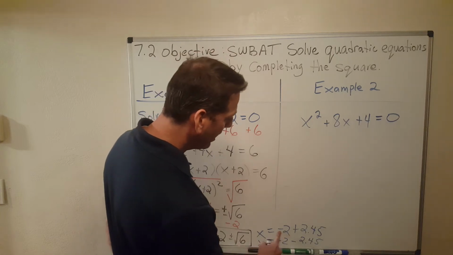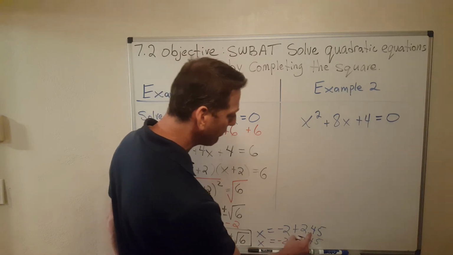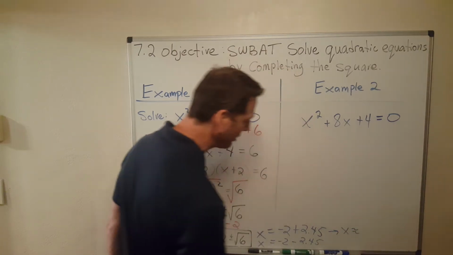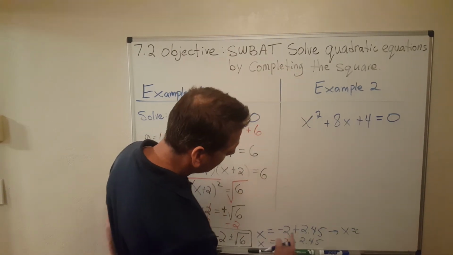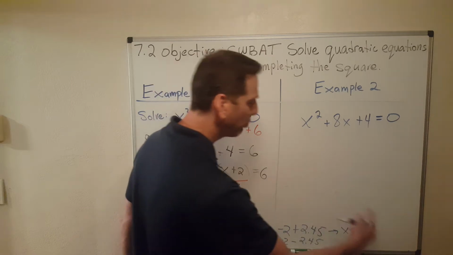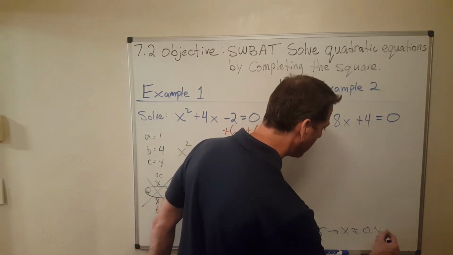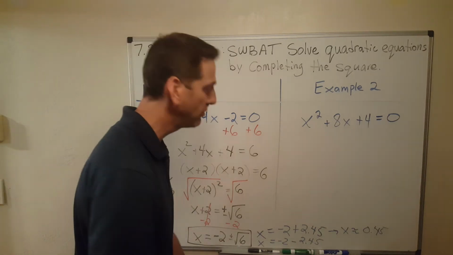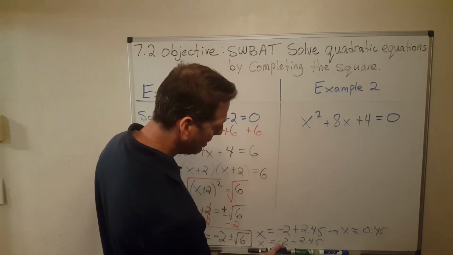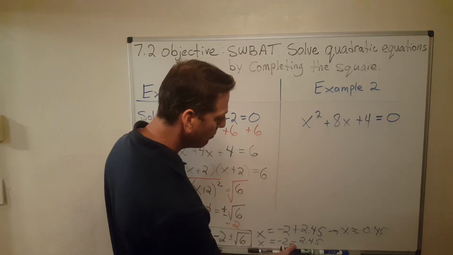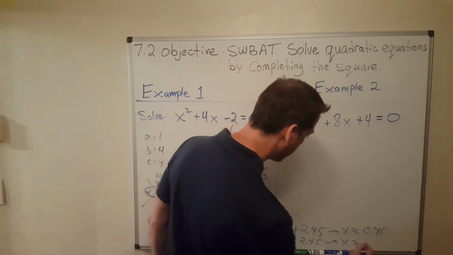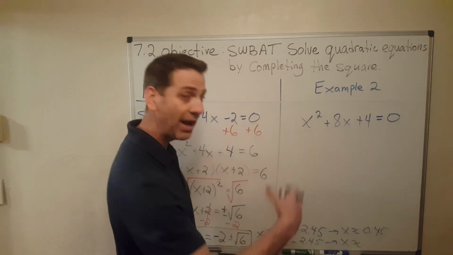All right, so if I go negative 2 plus 2.45, I get x, it should be approximately equal to, well, negative 2 plus 2 is 0, plus 0.45 is 0.45. So x is approximately 0.45. And here, negative 2 minus 2.45, well, when you got the same sign, you just add them up.